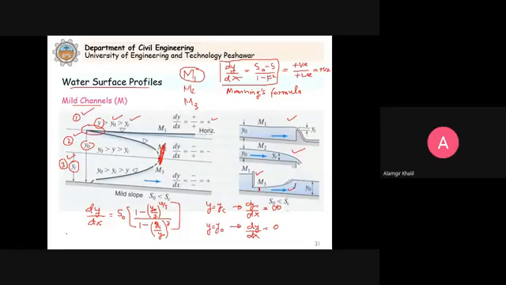So we have this dy by dx equal to infinity by infinity form. This is what we get from this equation when y is equal to 0. So this is undefined. That's why near the bottom of the channel again we have a dash line.